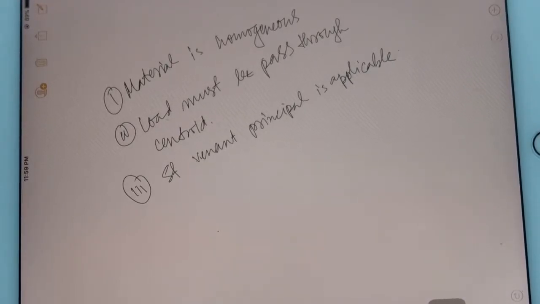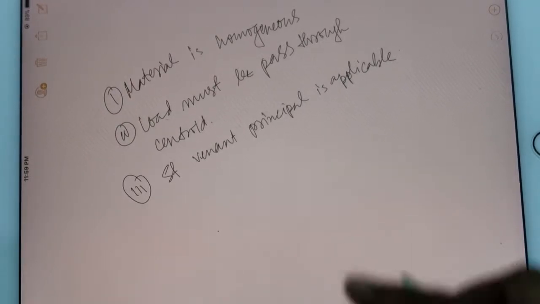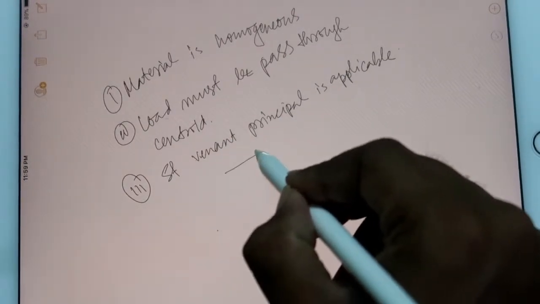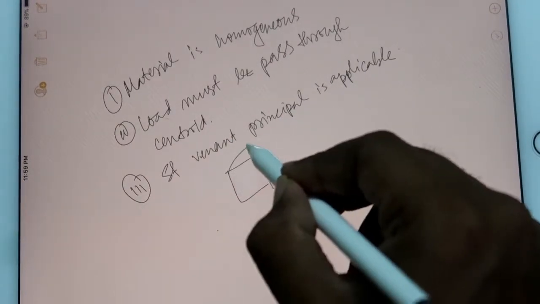What is Saint Venant's principle? The difference between the effects of two different but statically equivalent loads becomes very small at a sufficiently large distance from the load. So this is a body.